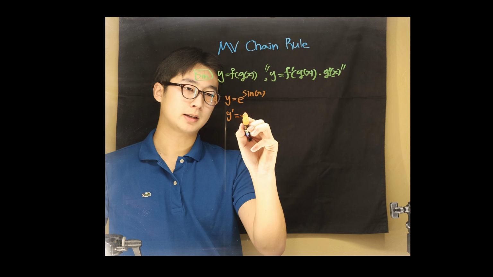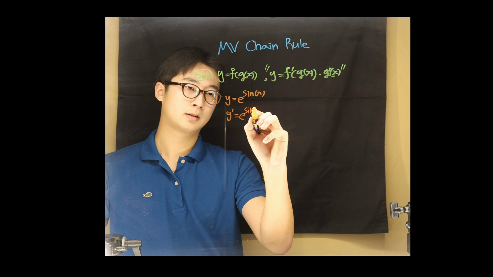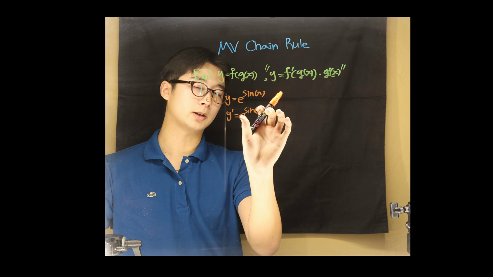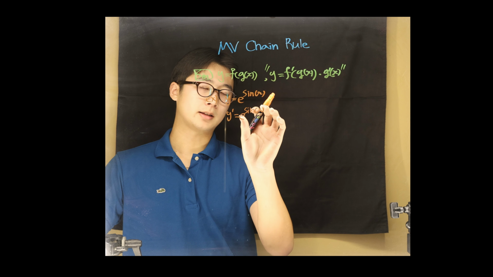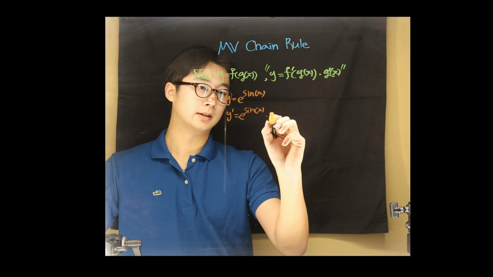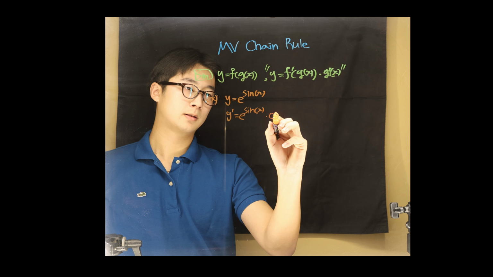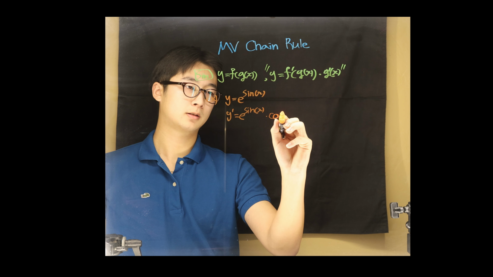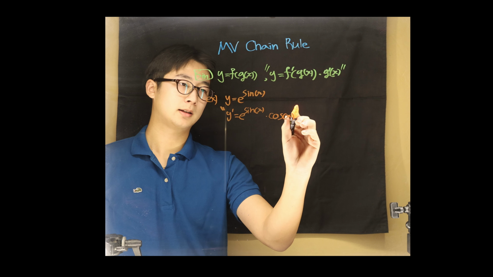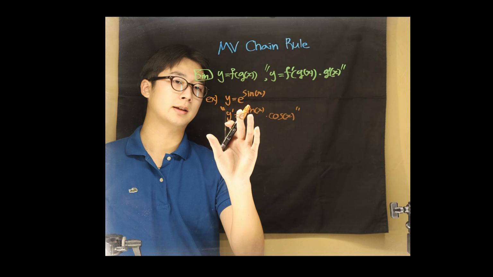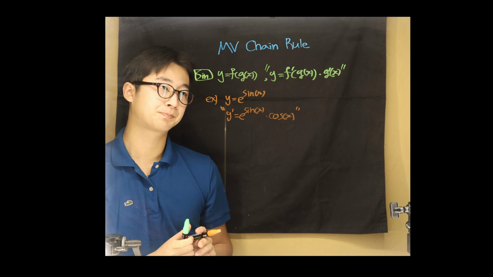So still e. The inner function stays the same, and times the derivative of sine is just cosine of x, and this is the derivative of y when it is e to the sine of x.